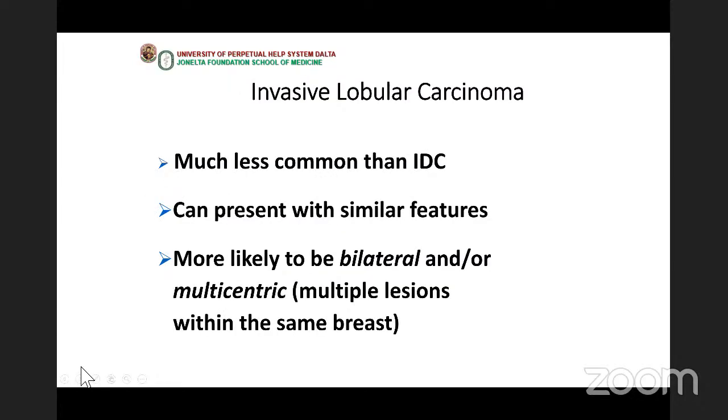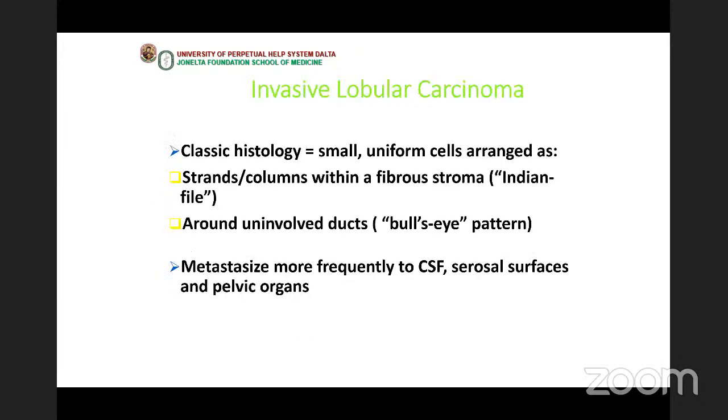Okay. Comparing it to your invasive lobular carcinoma, it's less common than your IDC, but presents with similar features, the difference being it's more likely to be bilateral and more likely to be multicentric. The histology would be small, uniform cells arranged as strands and columns within a fibrous stroma.